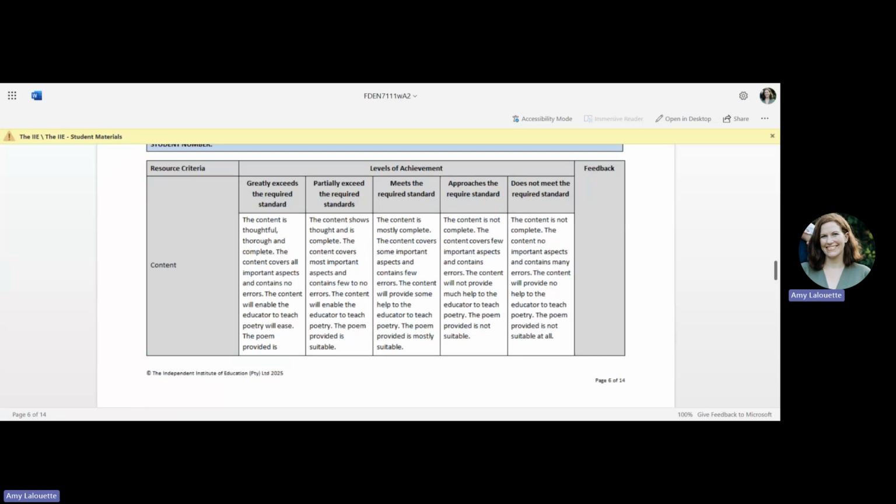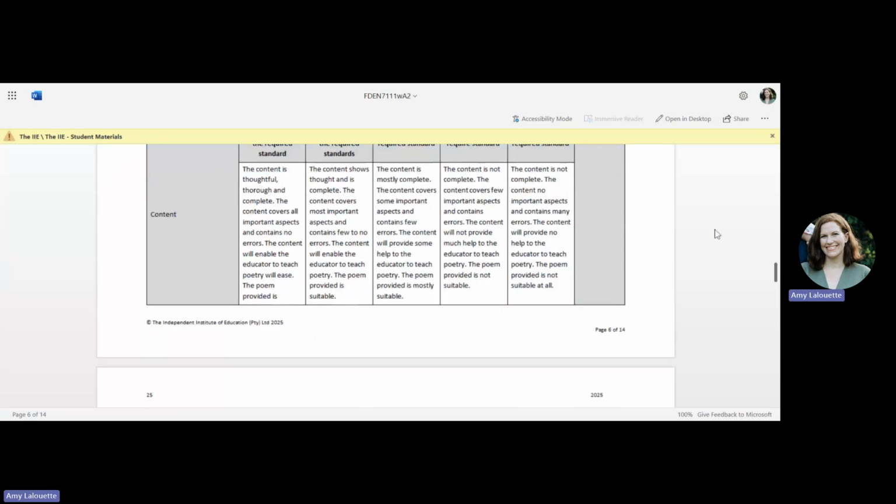So it's thoughtful. So you've really thought it through. I can see that you put thought into this and you've covered everything we've asked for. And the content will enable the educator to teach poetry with ease, i.e., that slideshow can be emailed to every single teacher and every single teacher can easily use it.